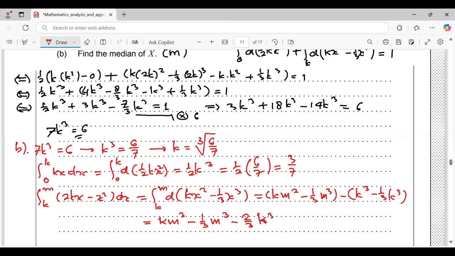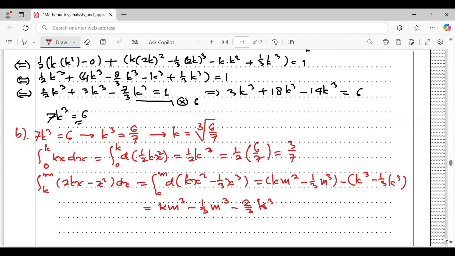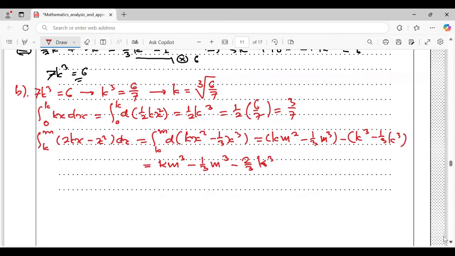So it means, wait, if this integral 0 to k, kx dx, plus integral k to m, 2kx minus x squared dx, it equals 0.5 because of median.